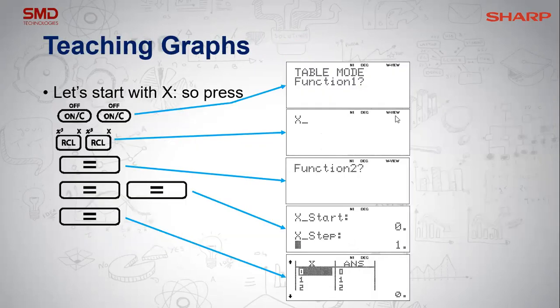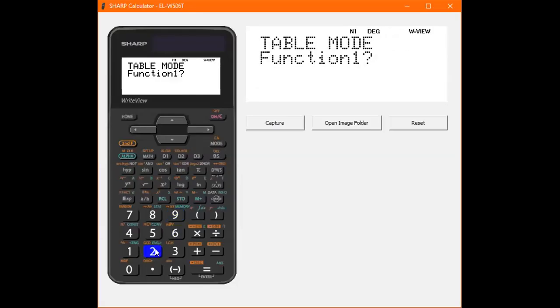Then if I go back to table mode now, okay, and I'm just doing a basic straight line graph, but the application, I mean, I created a function study guide for grade 10s where we use the same methodology for all of the functions. And it's really such a nice way to explain what those values in your equation or your expression are actually doing for your graph.